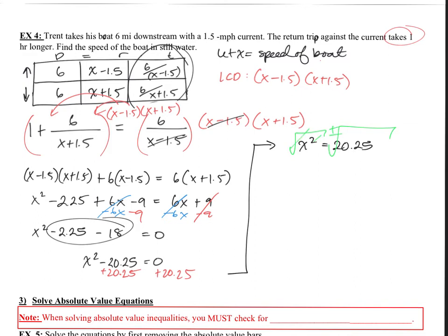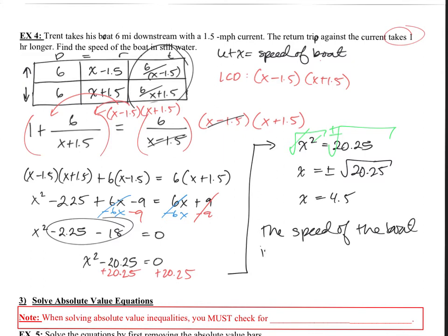We're left with x equals plus or minus the square root of 20.25, which simplifies to 4.5. So what do we know? Well, x was the speed of the boat. So the speed of the boat in still water is 4.5 miles per hour.